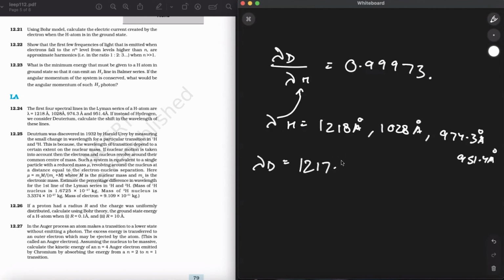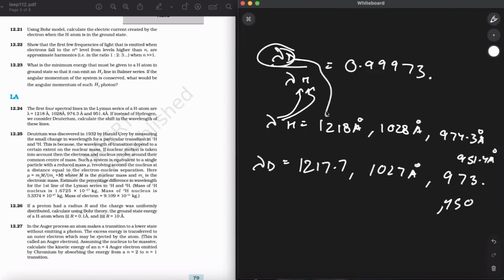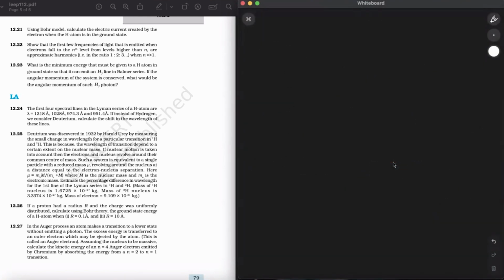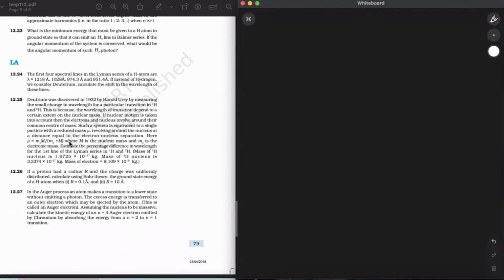You need to calculate this, okay? I'm just writing it like this because 0.999 is approximately equal to 1, but you need to calculate this. For the next it will be 973 something. It will be 950 something. Alright. So calculate it. Put the value of lambda H over here, and you'll get lambda D for each of these values. Okay, so the next question is really a long question.